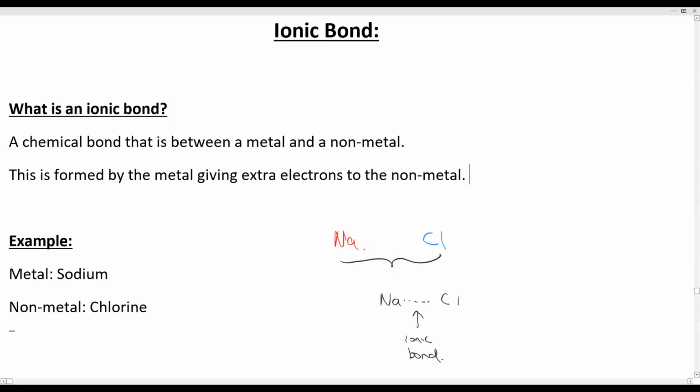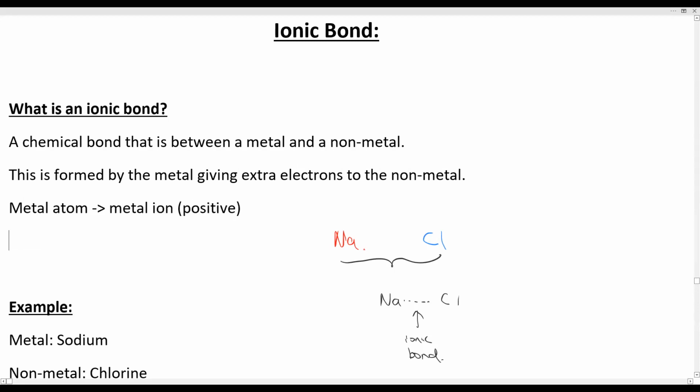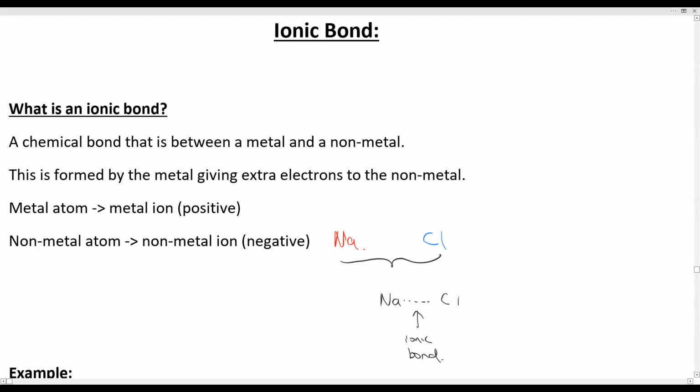That means the metal atom will become a metal ion, which will be positive. The non-metal atom will become a non-metal ion, which is negative. You'll end up at this point having a sodium ion and a chloride ion. And of course, because there's a positive and a negative charge, they will get a force of attraction. That force of attraction will then be what is called the ionic bond.